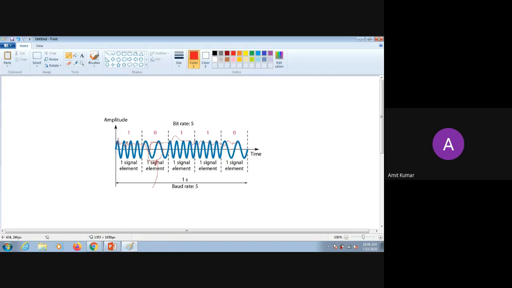That's why we have opted for frequency modulation for storage purposes. If you want to send audio signals, you can't go for ASK, because if ASK is used, the noise will be added in your amplitude, and that will cause an issue. If your signal is disturbed, your whole data will be corrupted, and we don't want to use corrupted data.